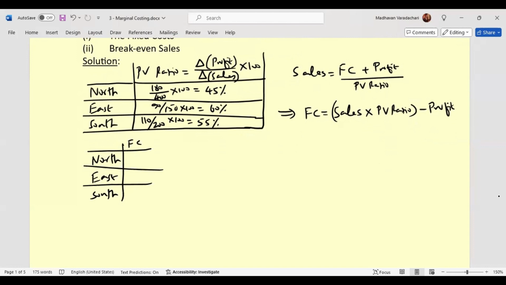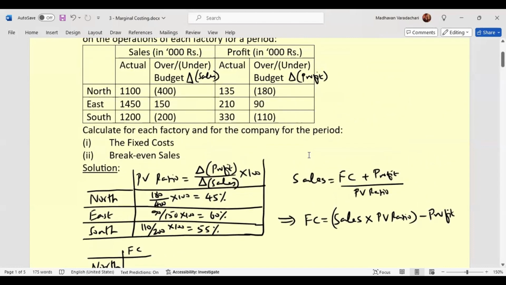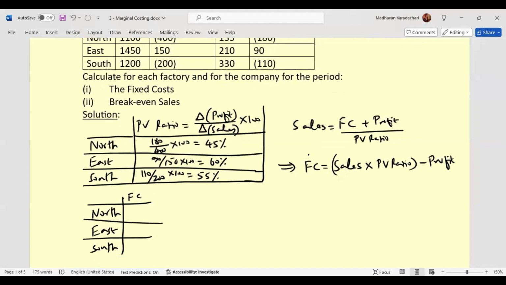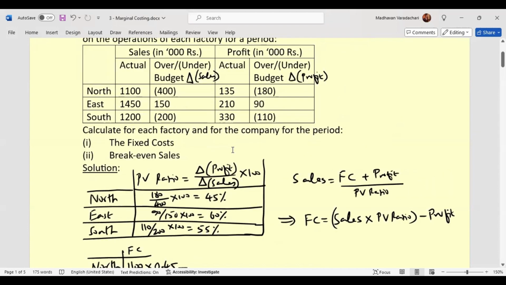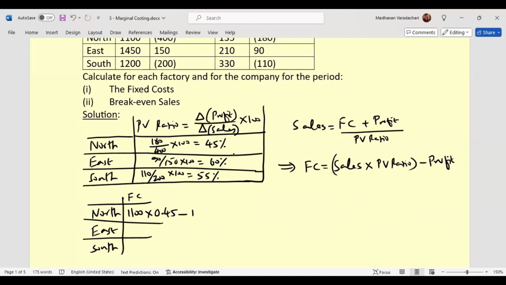Sales is given here, 1100, into 45%, so 0.45, minus the profit. Profit is 135. So if we calculate that, we will get 360.